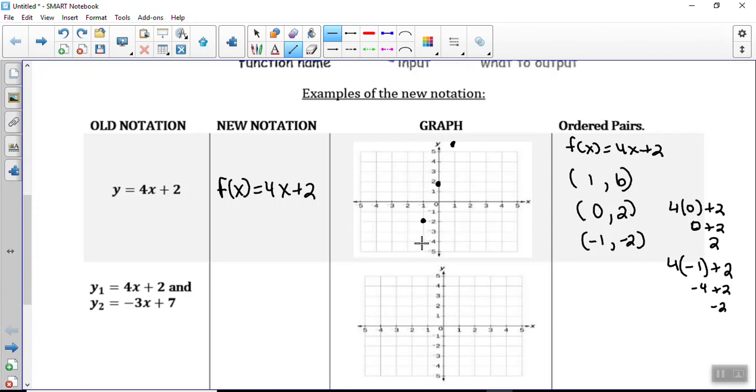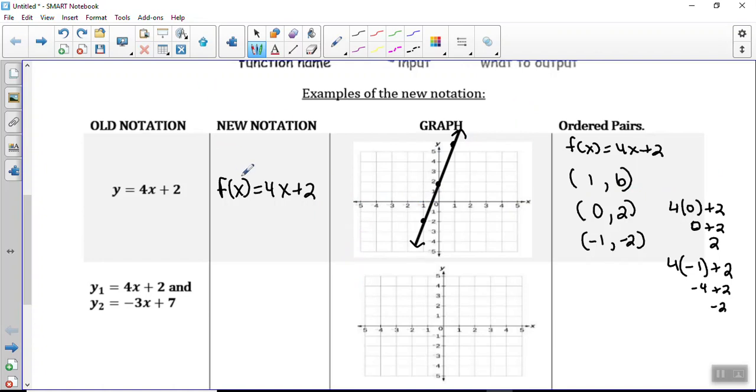Okay, let me just connect these dots. There you go. That's my graph here. I'm going to put an arrow here and an arrow here representing that this line does go on forever. I can put as many x coordinates going off to infinity, and then this line would extend out. Okay?